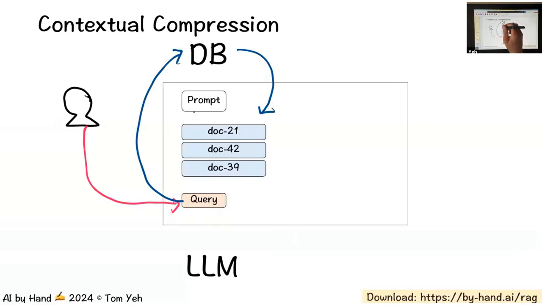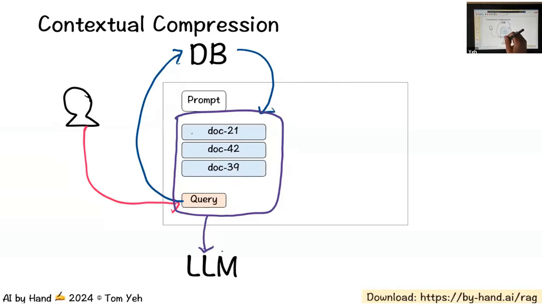But for contextual compression, the idea is: what if, instead of sending the whole thing to the large language model, because a document can be really long and the part that's really relevant to a query could be just a part of it, we send the large language model the document and query and ask, hey, can we just find the relevant part of each document for the query? So the large language model will say, for this document, this part is relevant.